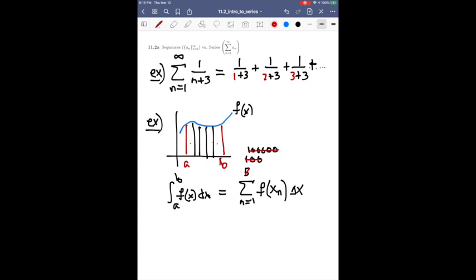And this led us to the idea where, actually, if we want to compute the true value of this integral, the true value is actually equal to the limit as the number of partitions went to infinity of the sum of each of those rectangular sections.